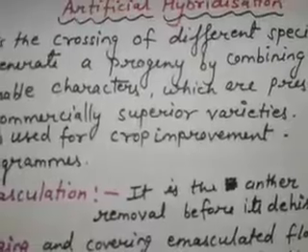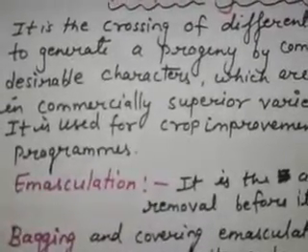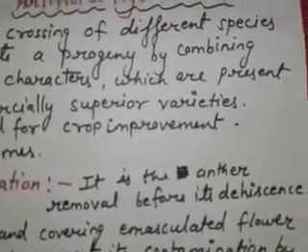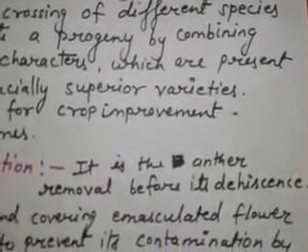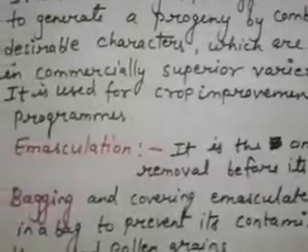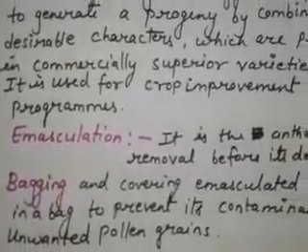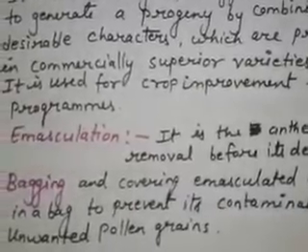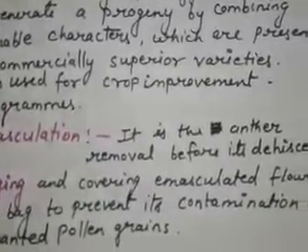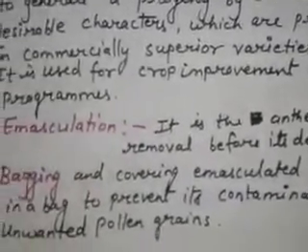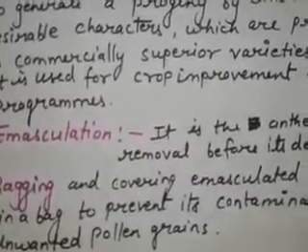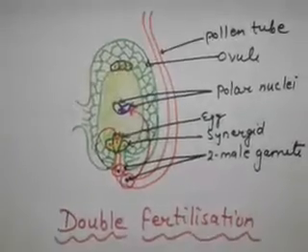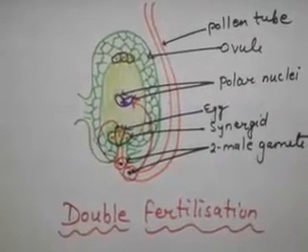It is achieved by first emasculation. It is the anther removal before its dehiscence. And next is bagging, covering emasculated flowers in a bag to prevent contamination by unwanted pollen grains.